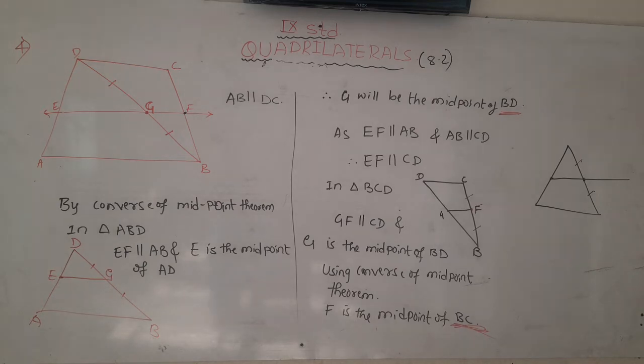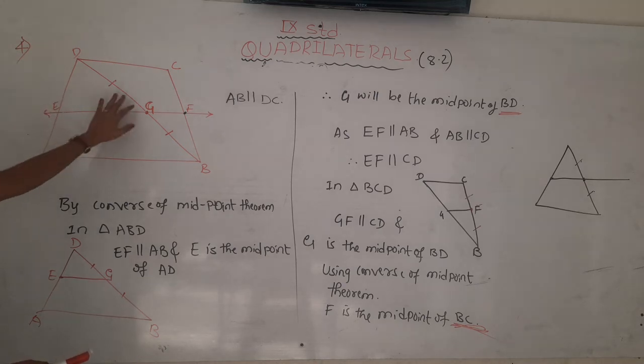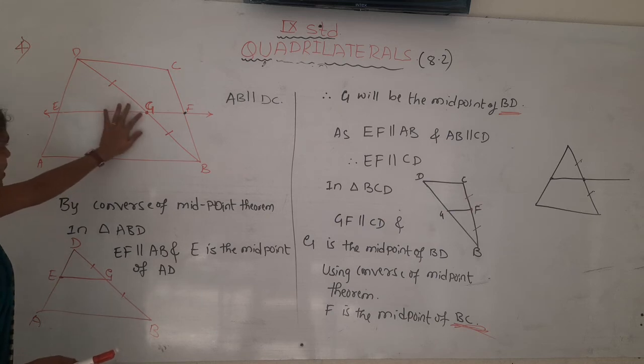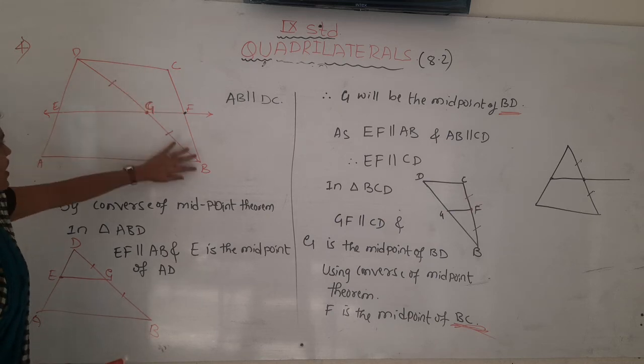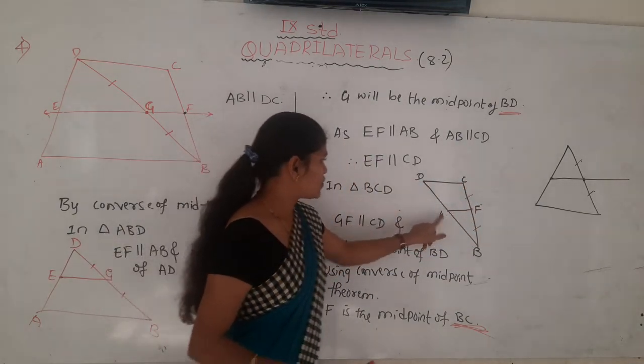The video got blurred here. Once again, see here. Yes, E is the midpoint of AD. If you draw the line from point E, from the midpoint of one side, it is parallel to the second side and bisects the third side, and G is the midpoint of BD. Same way, if you take this triangle BCD, G is the midpoint of BD.